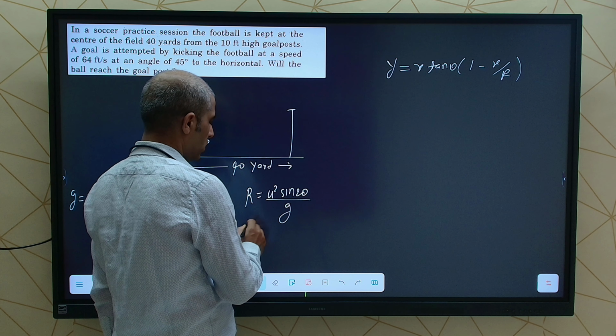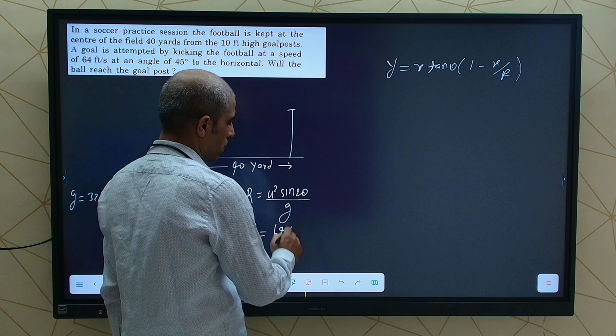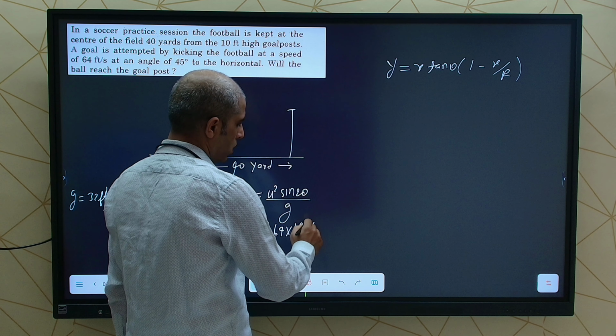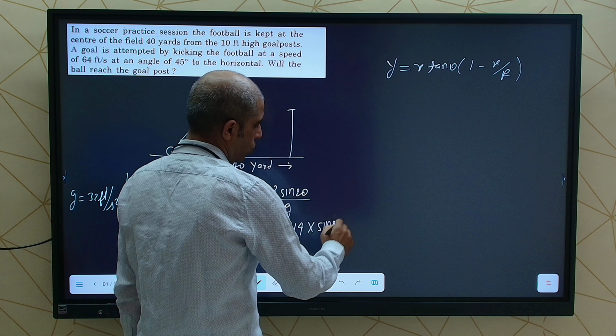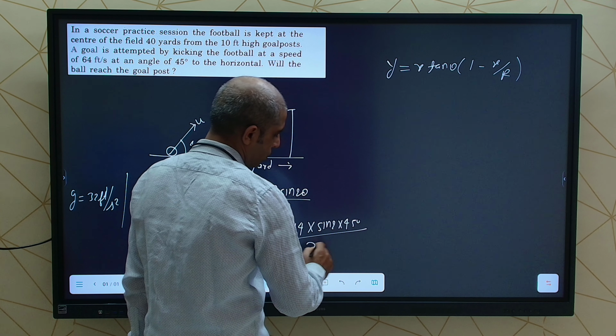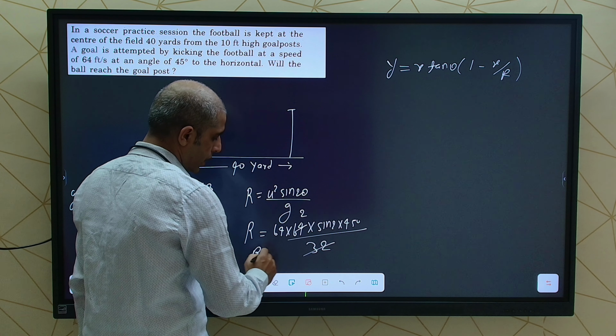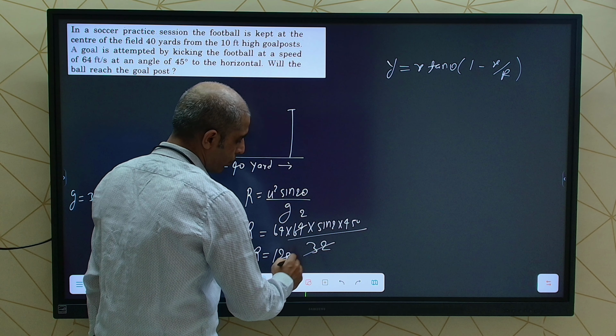So the range is going to be 64 into 64 and sine 2 into 45, divided by 32, so the value of R is going to be 128 feet.